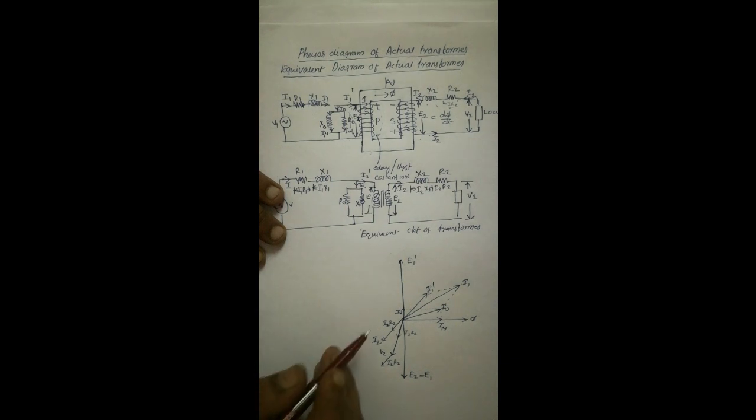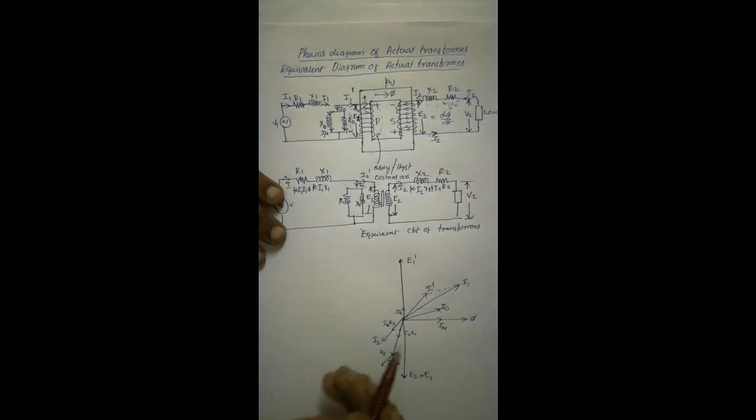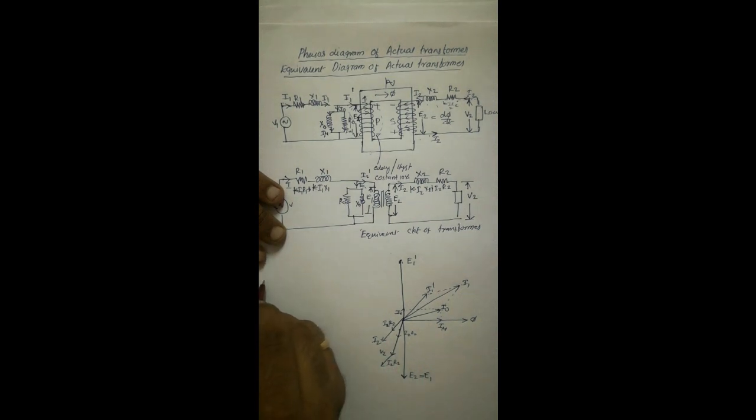Now there is a vector I2X2. Does it lag the current or lead the current? It leads the current, because V is equal to L di by dt.